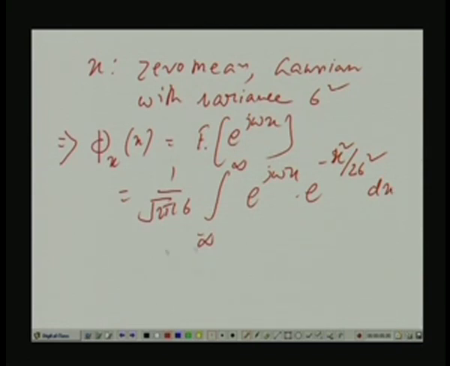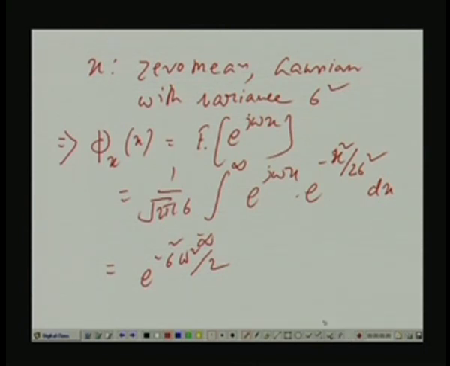This integral is well known, I am not deriving it. This is a standard result, that is equal to e to the power minus sigma square omega square by 2. Okay. This is for the zero mean random variable.